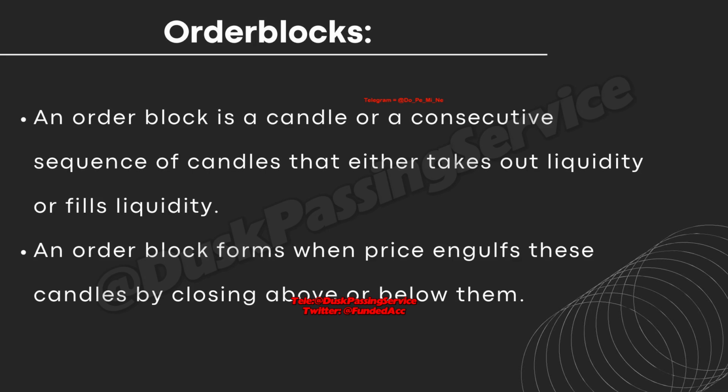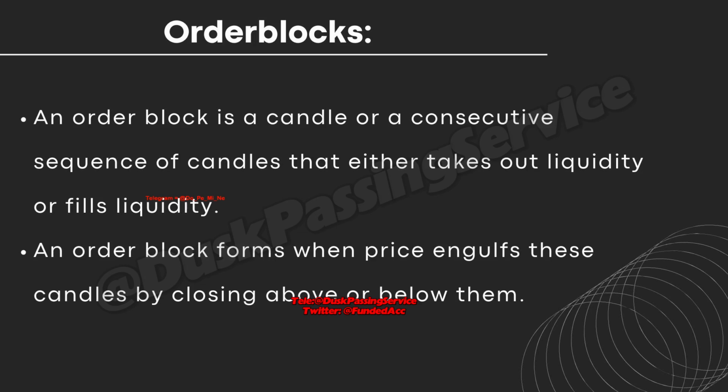That means it can either be a single candle or a sequence of consecutive multiple candles that either takes out liquidity in the form of taking out a high or low, or fills liquidity. This is the basic definition of an order block: a candle or a consecutive sequence of multiple candles which purges liquidity or fills liquidity.